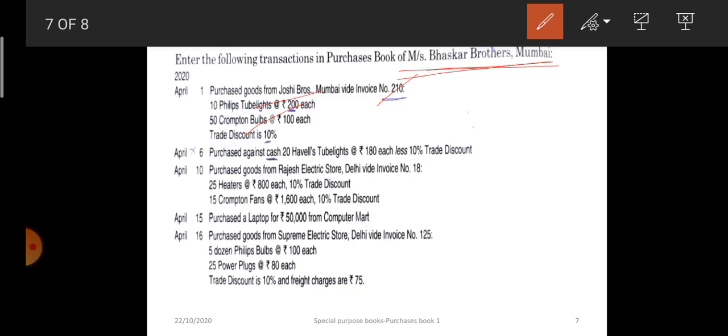Now see the second one, April 6th, it is a cash transaction, so it will not be recorded in purchases book, it will be recorded in cash book. Then April 15th, it's a laptop. Now laptop is not meant for resale, so it will also not be recorded in purchases book. Now we will be recording April 1, April 10 and April 16.